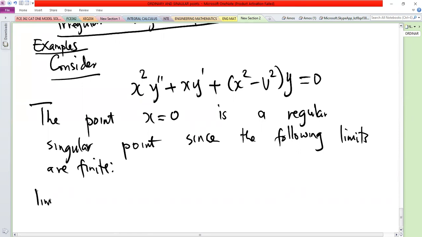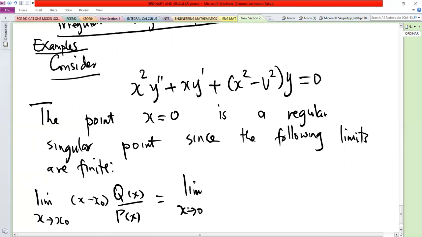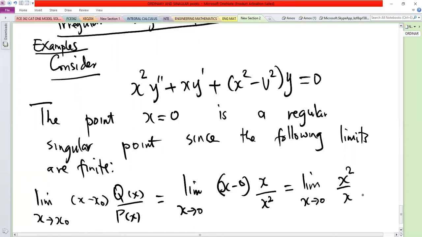The limit as x approaches x naught of x minus x naught times q of x over p of x will mean the limit as x approaches 0, because that's our x naught, of x minus 0, and then q of x is x over p of x which is x squared. This x minus 0 is just x, so we get x squared over x squared, which gives the limit as x approaches 0 of 1, which is 1.